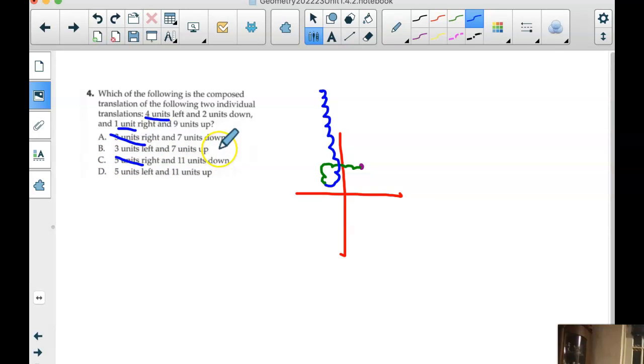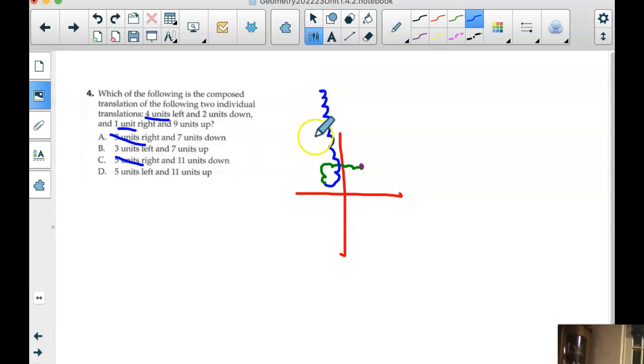Okay, so we went 2 units down and 9 units up. So what happened? Did we go 7 total units up? Or did we go 11 total units up?